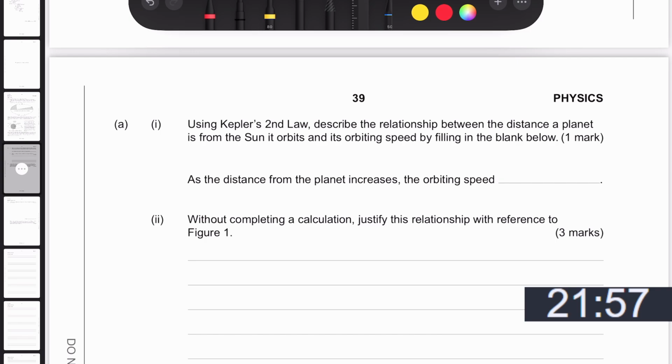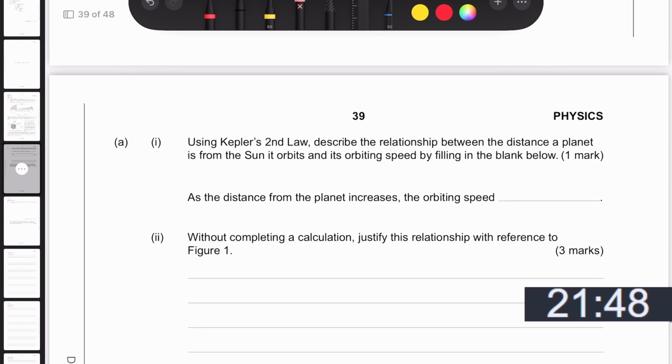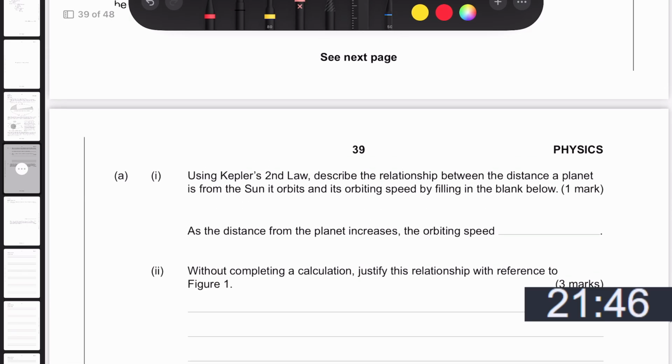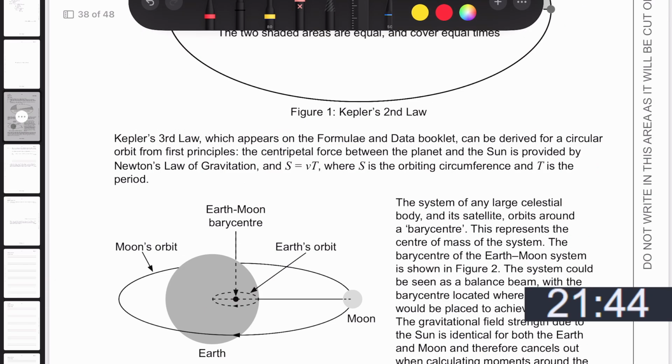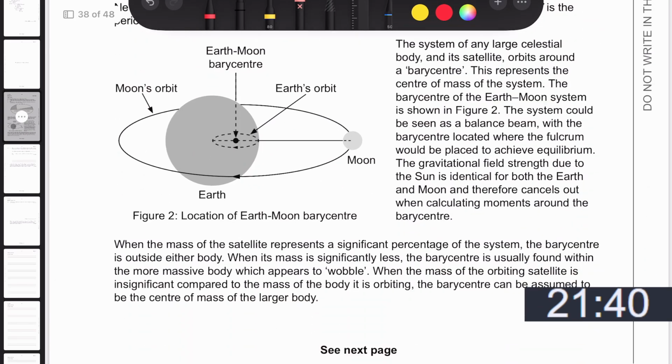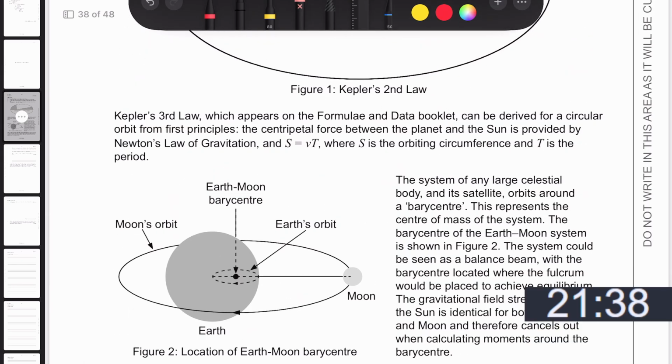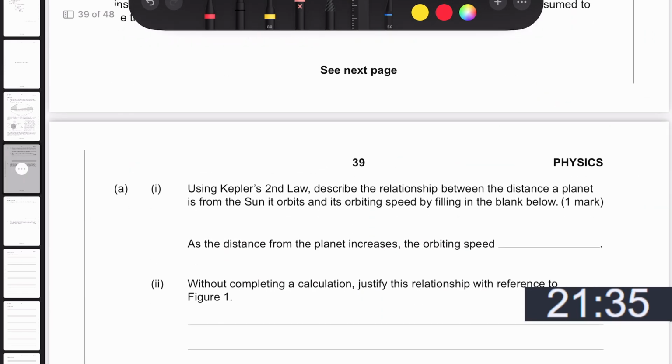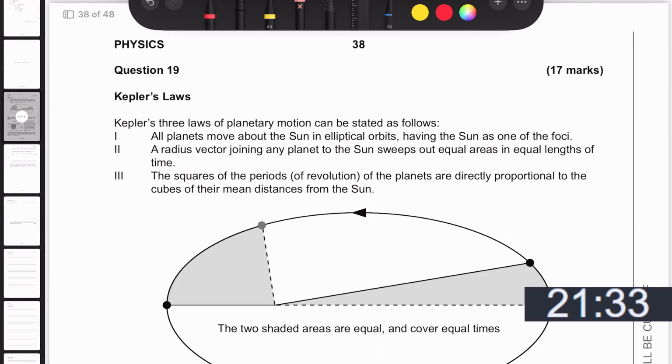Describe the relationship between the distance a planet is from the sun and its orbiting speed. The velocity. Use Kepler's second law.